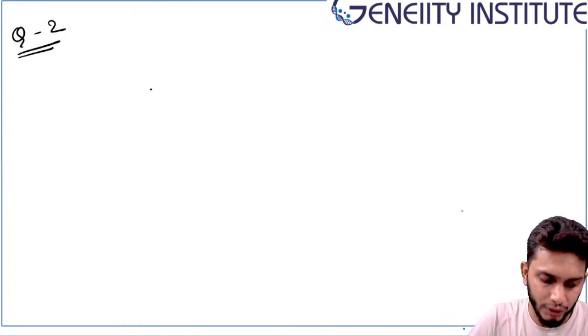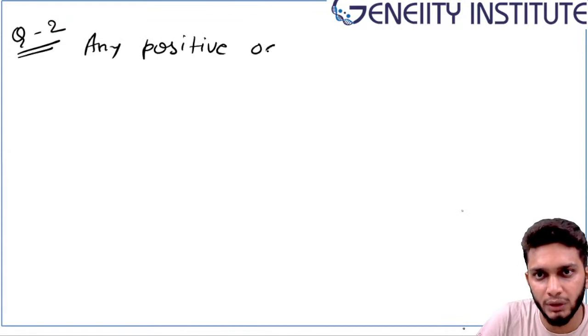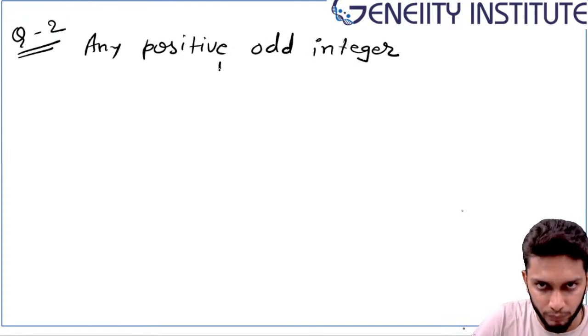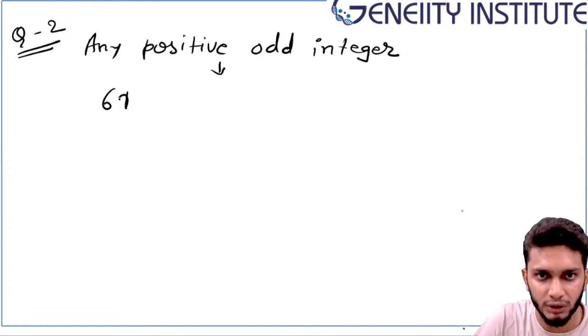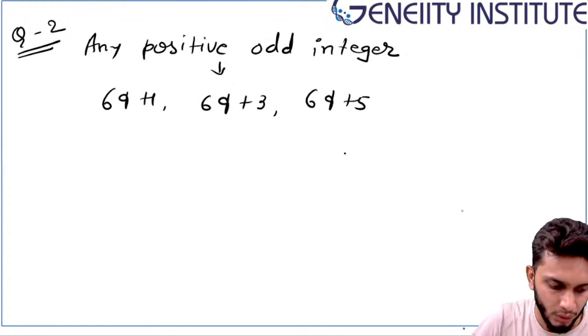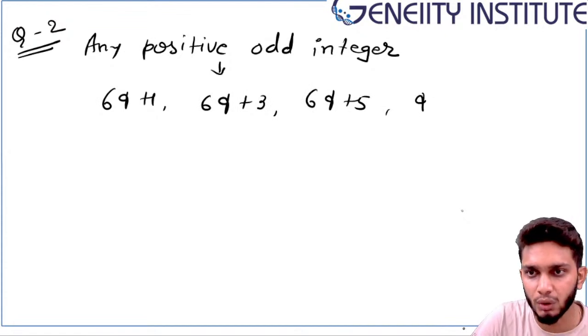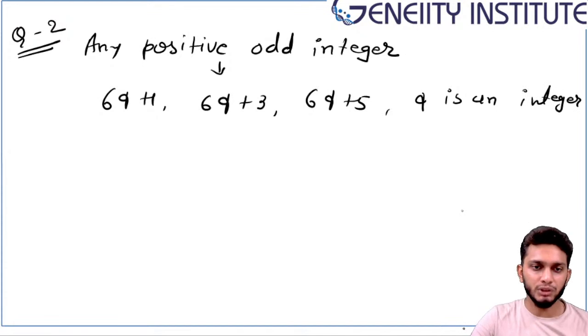See, show that any positive odd integer is of the form 6q plus 1, 6q plus 3 or 6q plus 5, where q is an integer. Okay, any positive odd integer can be written as 6q plus 1, 6q plus 3 and 6q plus 5, where q is an integer.